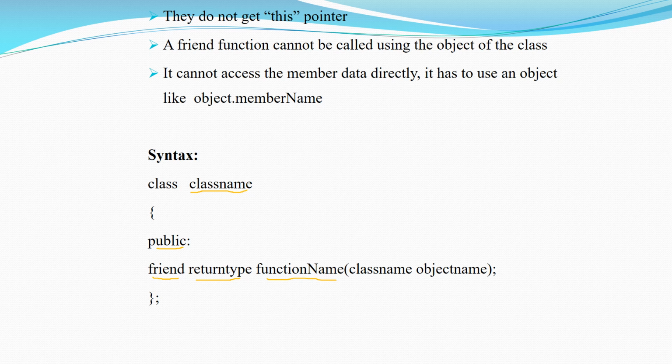As I told you, the friend function uses an object as a parameter, given as the class name followed by the object name, with a semicolon. The friend function declaration ends with a semicolon. This is the syntax of how we declare a friend function. After seeing the syntax, let us see an example of a friend function in the next slide.